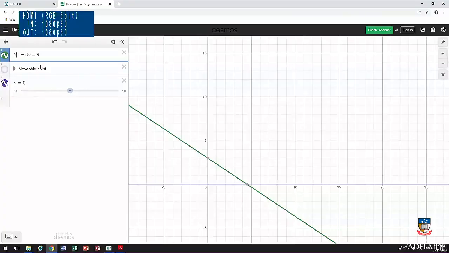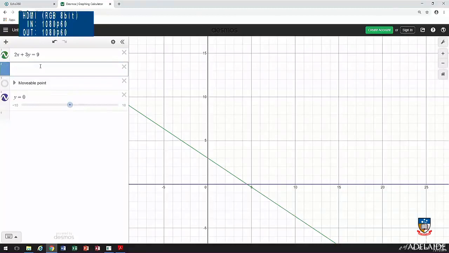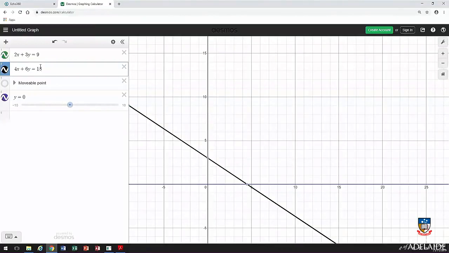If I multiply all of these by 2, 4x plus 6y equals 18. It's the same line. And the reason is, if 2x plus 3y was 9, then multiplying the left side and the right side by the same number would give you the same equation, and so the same points will satisfy it. And that is always true.